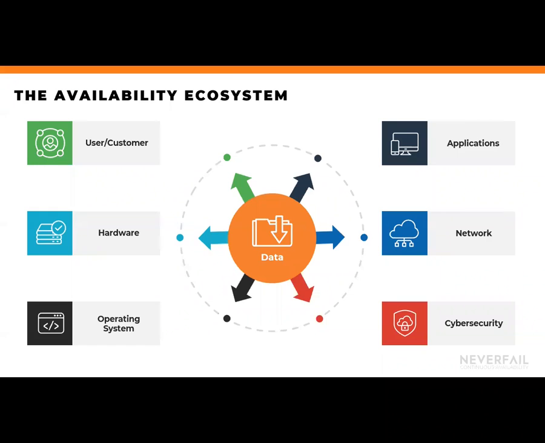The underlying operating system also could be a single point of failure. So we want to monitor core operating system functions and make sure that the application has the resources it needs in order to perform properly. And even now we're talking about cybersecurity threats, right? Things like ransomware. All of these come together. These are real issues that all of our customers face every single day, whether it is a banking application or a medical system.